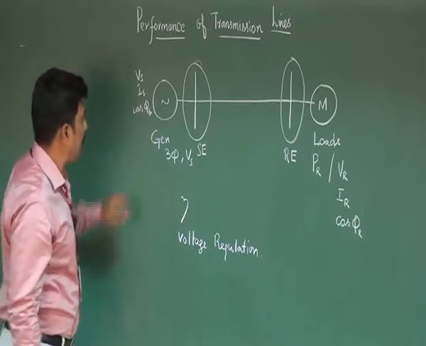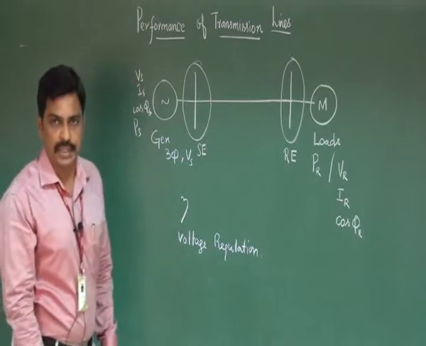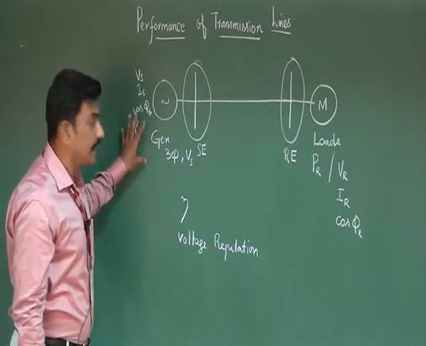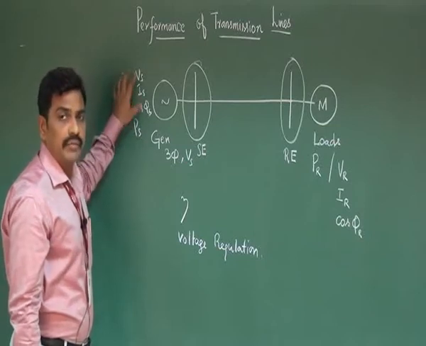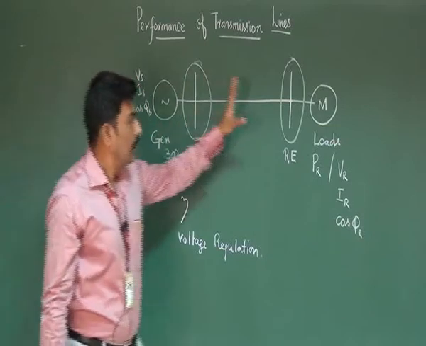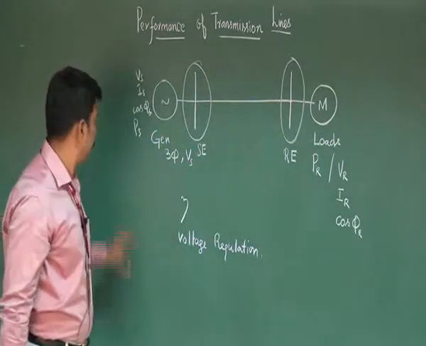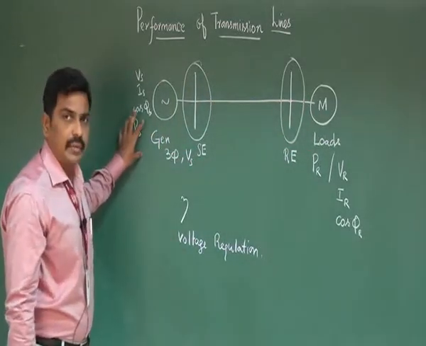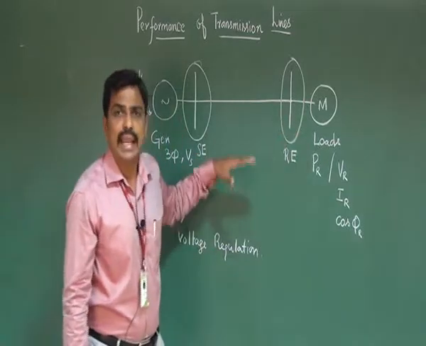With the help of these parameters, you can define the sending end power PS. We generate power at constant voltage and export power through transmission lines to the loads. This is a simple scenario. The main consideration is that the sending end power should be transmitted to the loads without any loss.